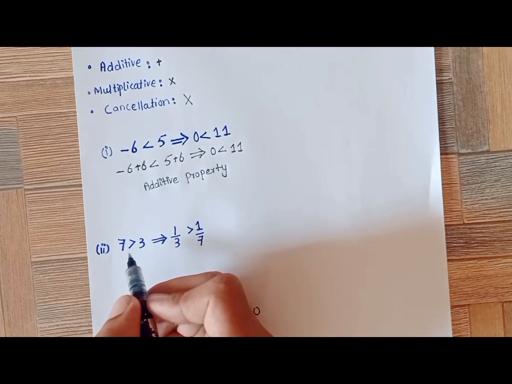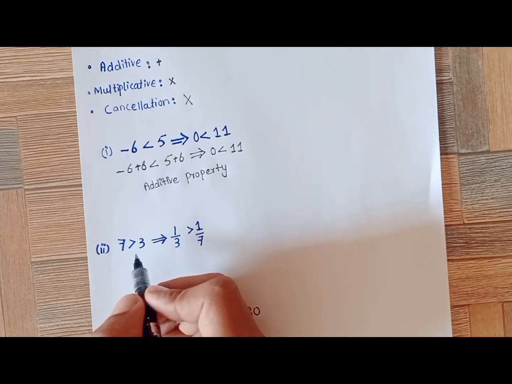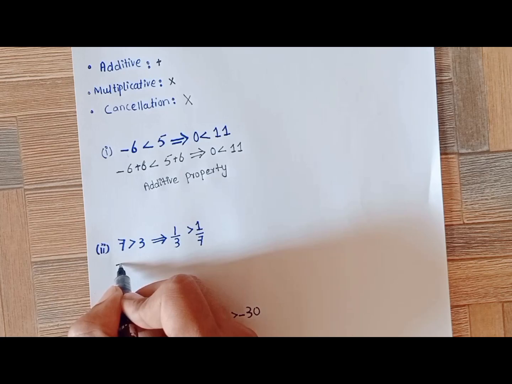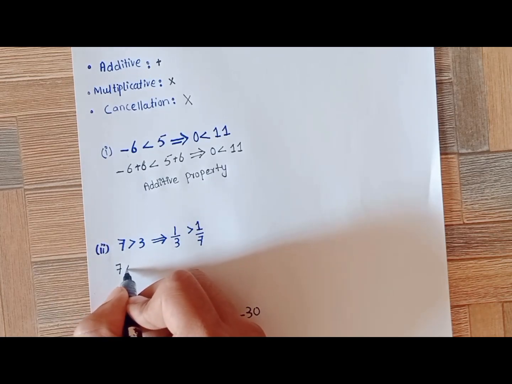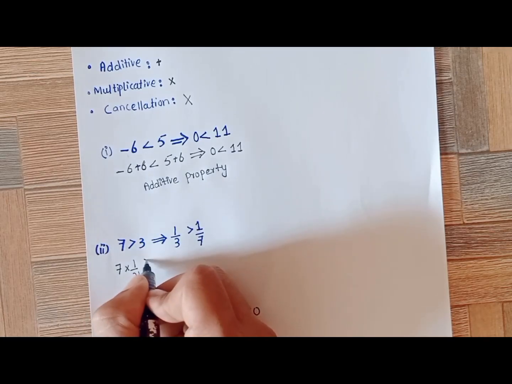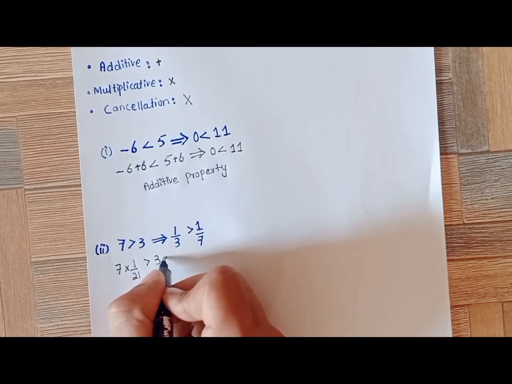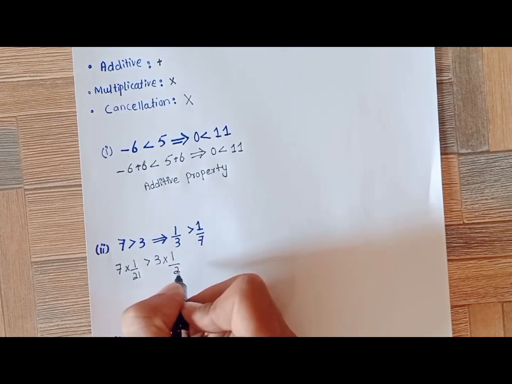The opposite of 21 is 1 over 21. So we will multiply both sides by 1 over 21.